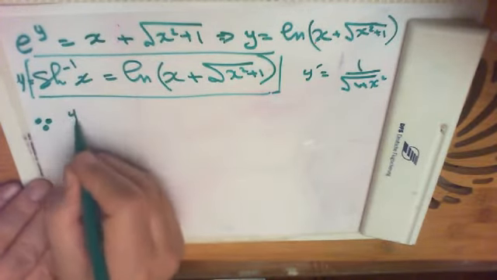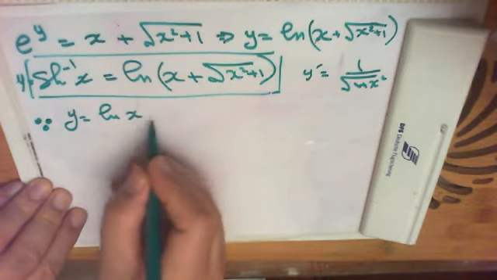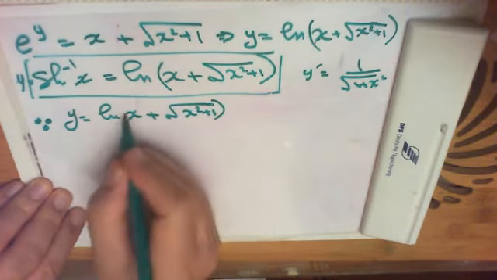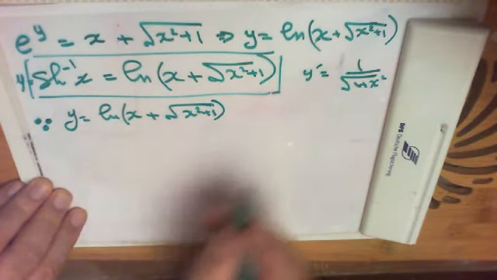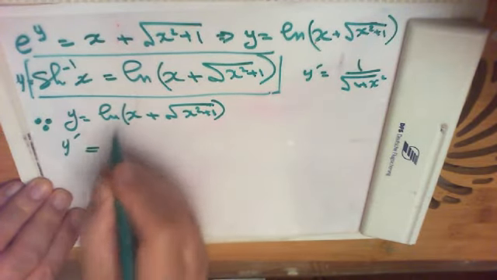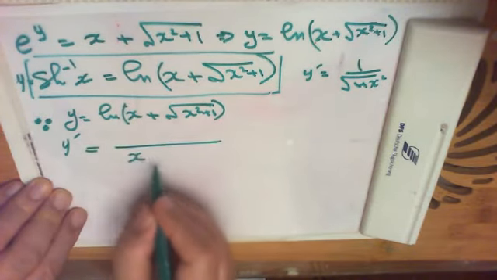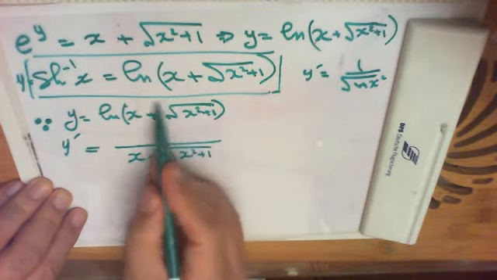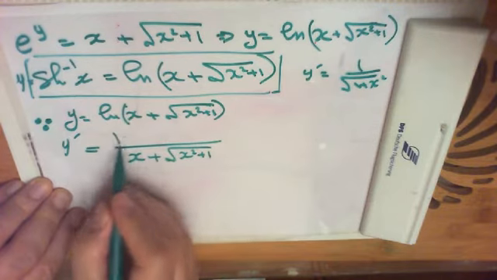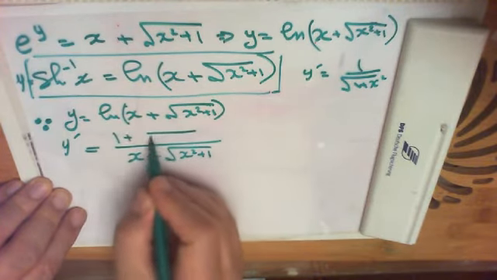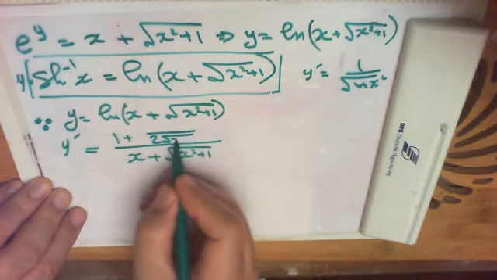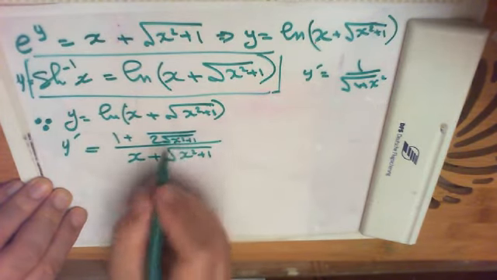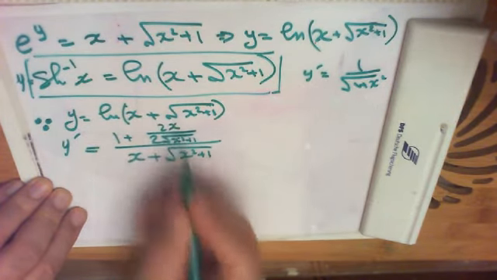Since y equals ln of x plus root of x squared plus 1, y dash equals the derivative of ln, which is 1 over its argument, times the derivative of its argument, which is 1 plus 1 over 2 root of x squared plus 1, times the derivative of what is under the root, which is 2x.